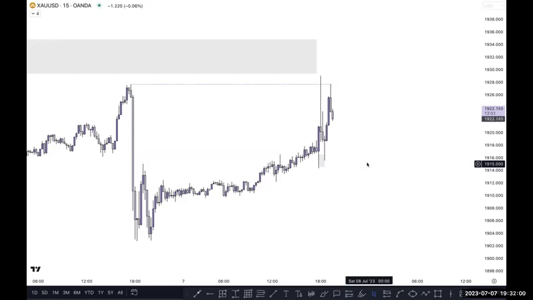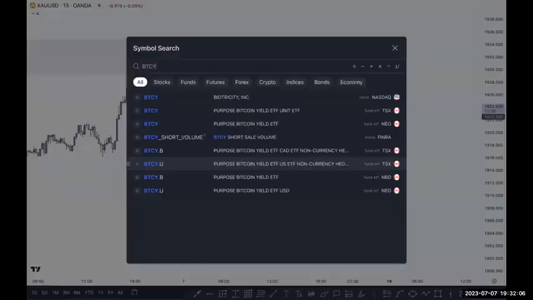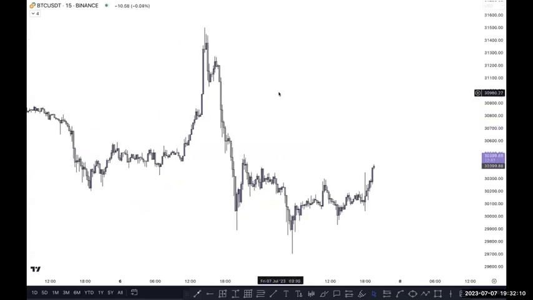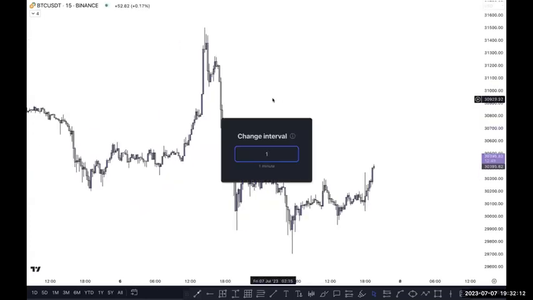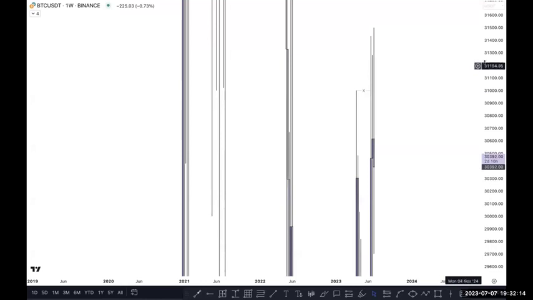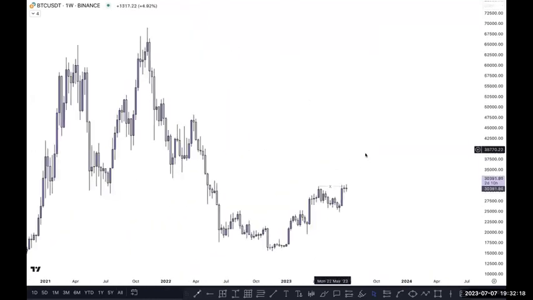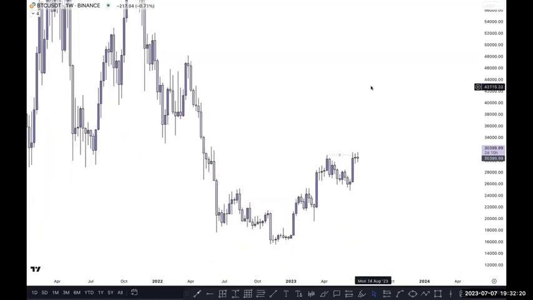Okay, the next pair is USDT. First of all, I'm going to switch to a higher time frame, the weekly time frame perspective. What is happening here? Look at this one. In the weekly time frame there are no big changes.